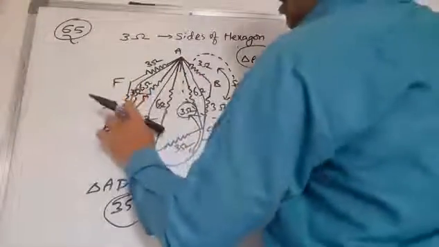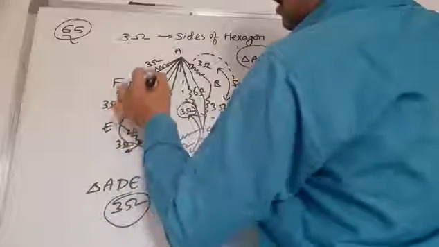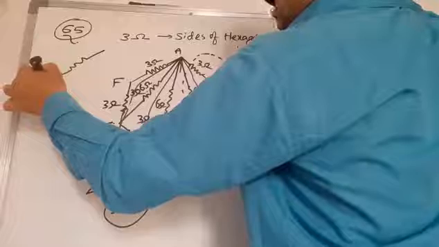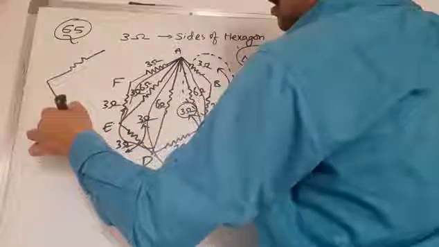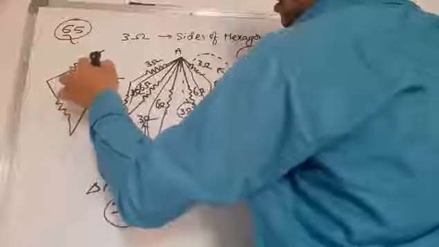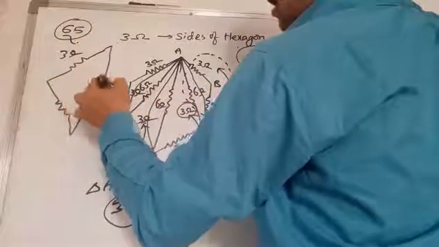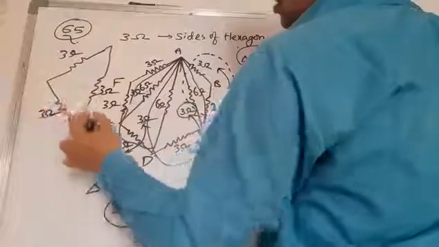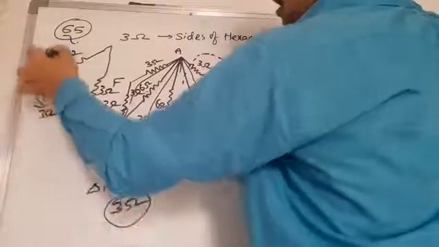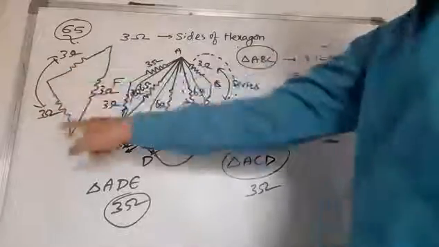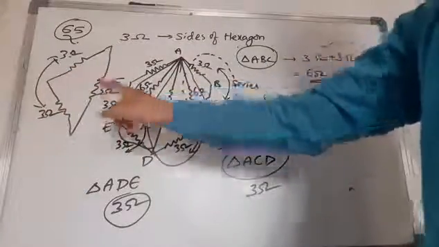This will be just like a triangle like this. This is 3 ohms, this is 3 ohms, we got the resultant. This is 3 ohms. So this 3 ohms and this 3 ohms are in series, and they are parallel with this 3 ohms.